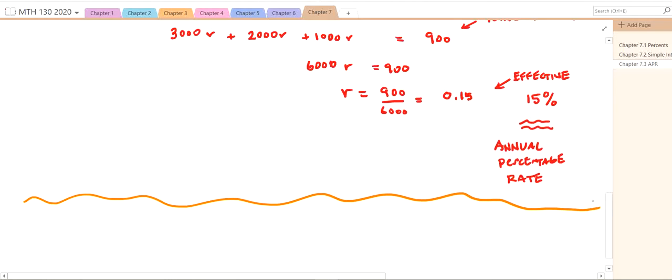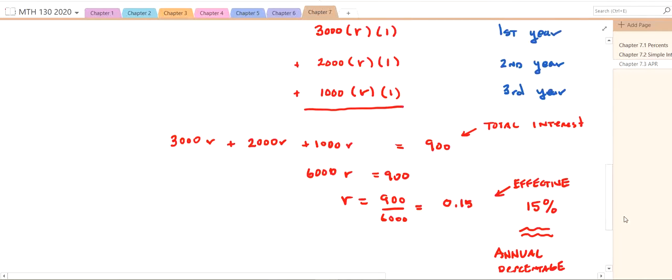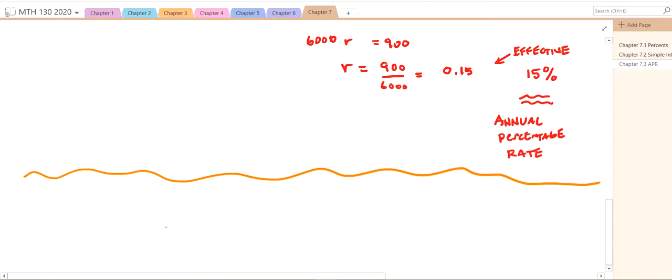Okay, so to calculate the annual percentage rate with this process is a little bit cumbersome and time consuming. So for this class, we'll just use an equation that does a pretty good job of representing the annual percentage rate. And that equation is 2NR over N plus 1. And here, R is our quoted interest rate.